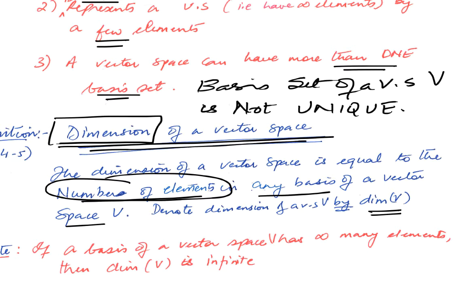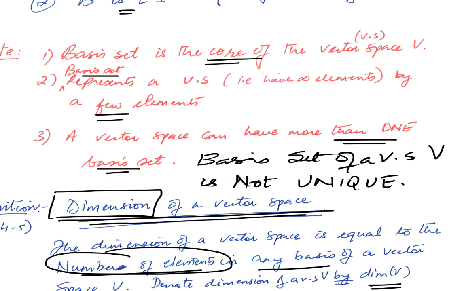Now remember, there are vector spaces which can have a basis set with infinite elements too. In that sense, if I have a basis of a vector space which has infinitely many elements, the dimension of that vector space is infinite. Remember, there's something I want you to be aware of and not make a confusion.